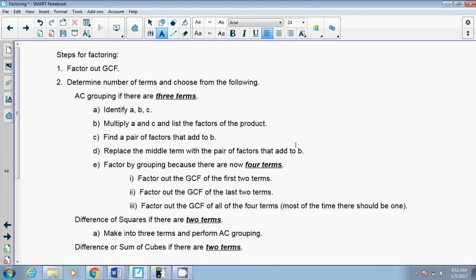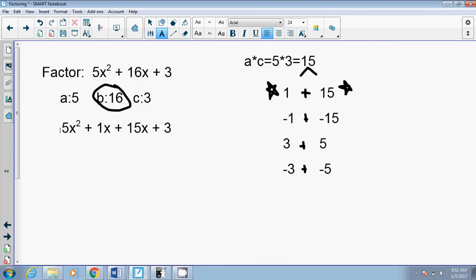So I've replaced my middle term. Now I'm just going to do factor by grouping. Anytime there are 4 terms, that's the process you want to do. So factor by grouping: group the first 2, group the last 2, and pull out what they have in common.